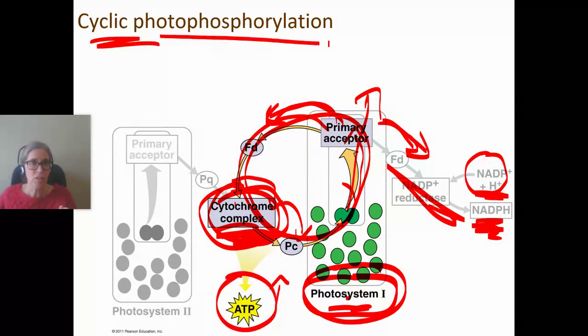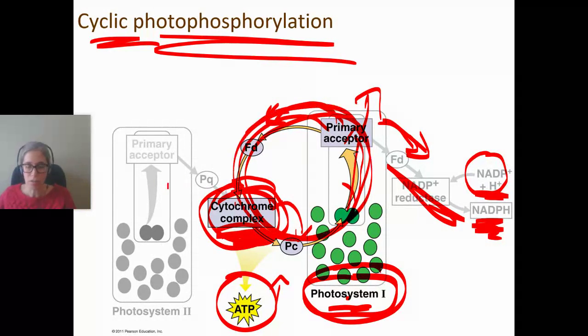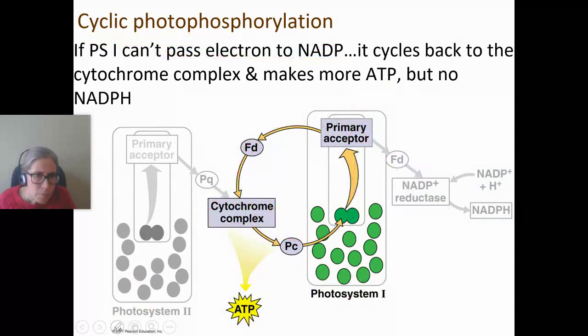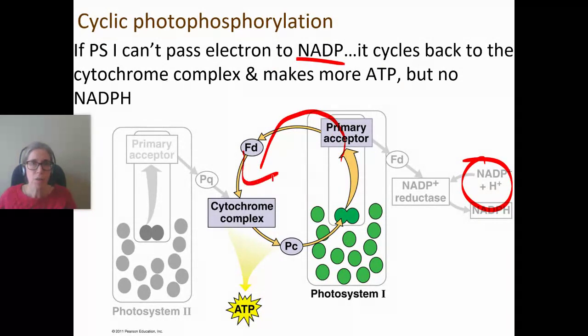So that is still photophosphorylation, but it goes in a cycle here. You don't need new electrons. So photosystem 1 can't pass the electron on to NADP+. So it cycles back to the cytochrome complex and makes more ATP, but no NADPH.